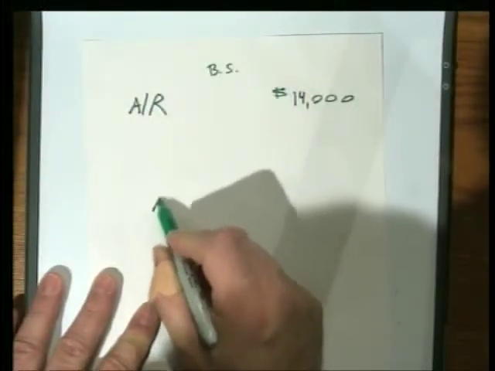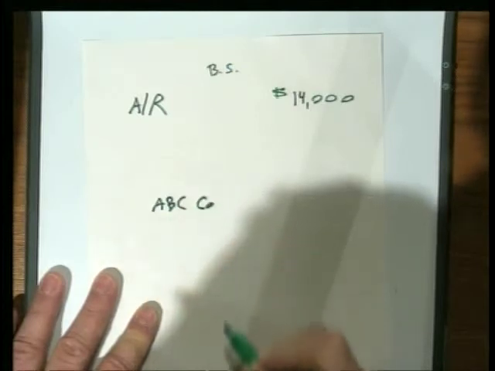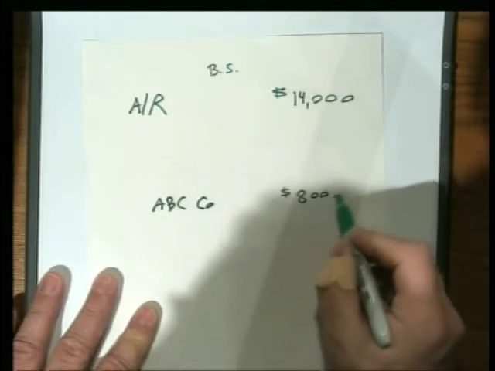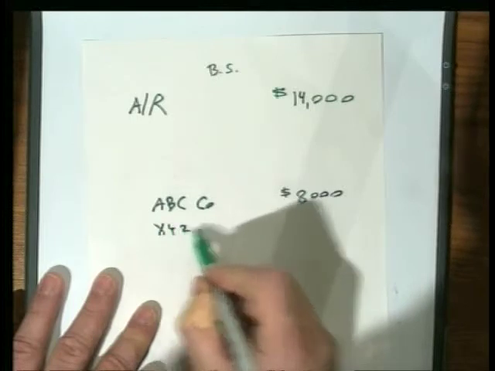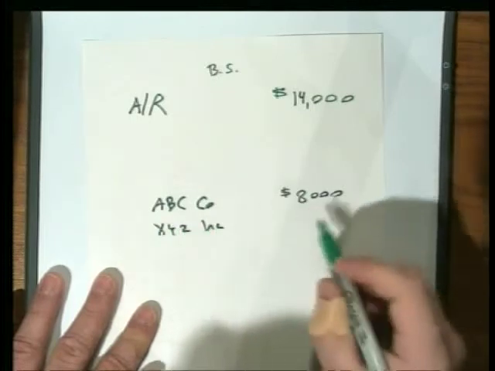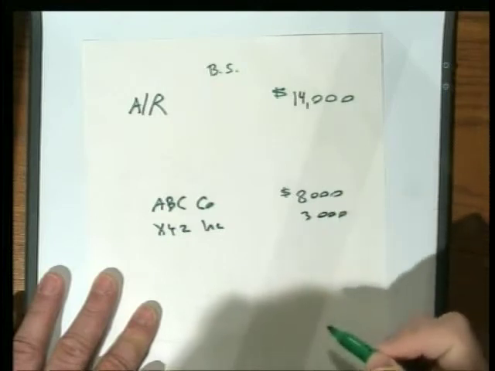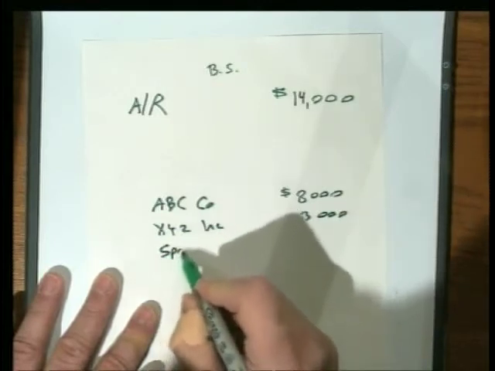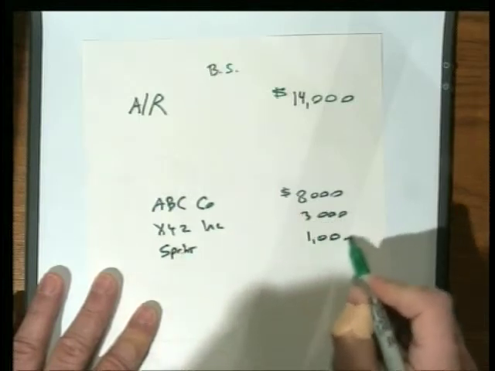Maybe I have that detail here, and I'll make it somewhat simple. ABC company owes me $8,000. XYZ Inc. owes me $3,000. And let's say Sprint owes me $1,000.